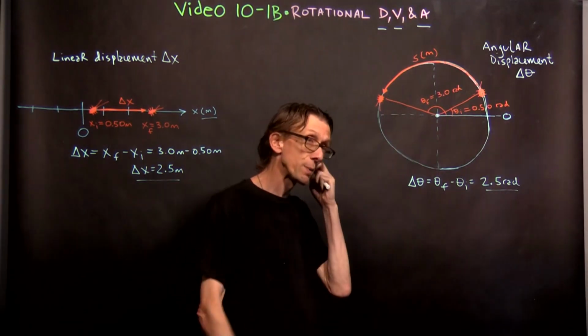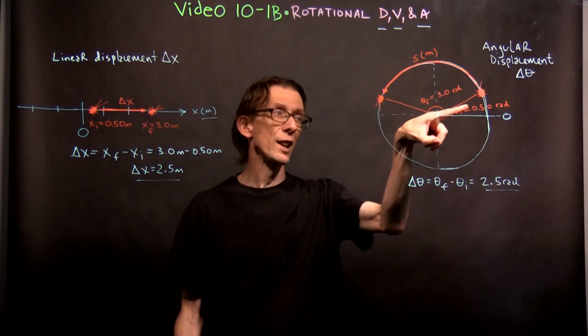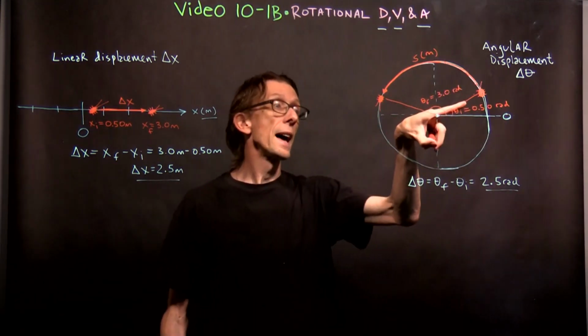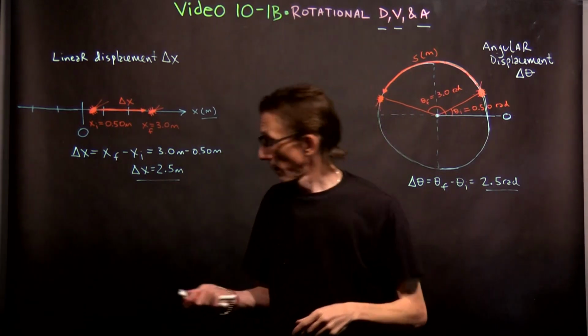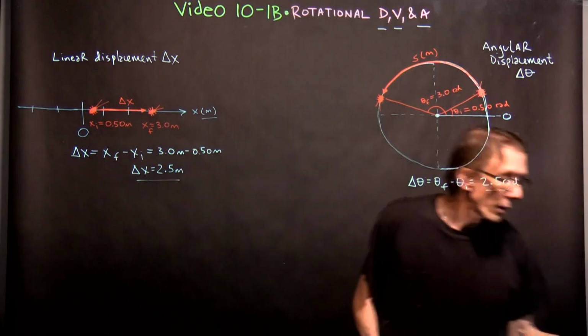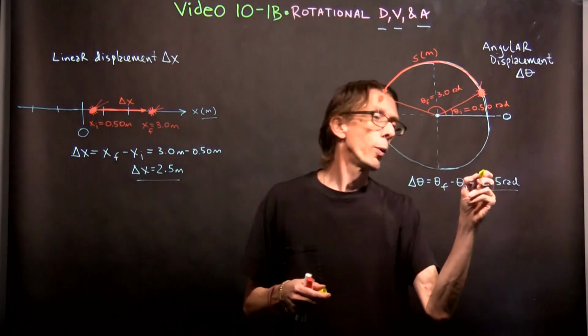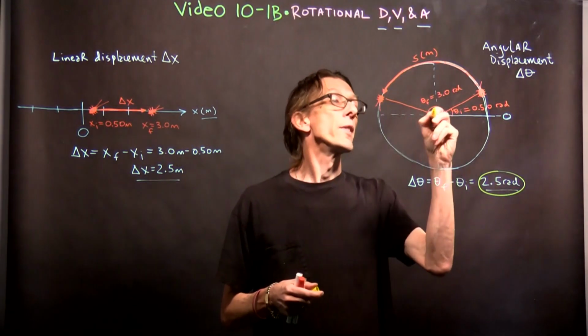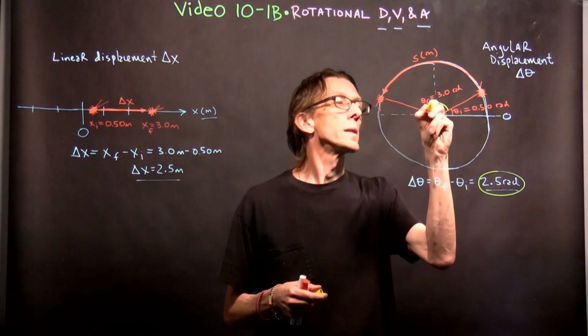The angular displacement only tells you the change in angle between the initial point and the final point. Let me see if I can indicate this with yellow perhaps. This 2.5 radians here is the size of this angle right there.